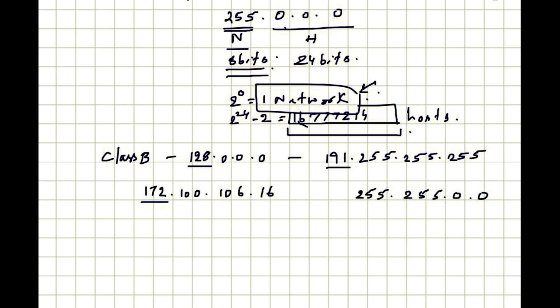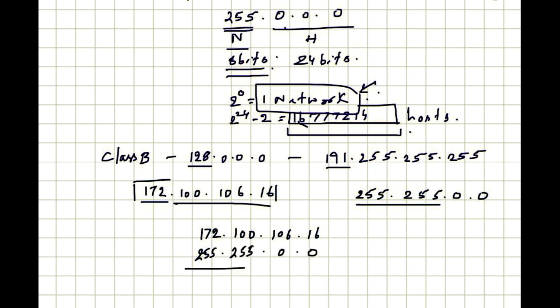Now let us see how many networks are possible with this default subnet mask. If you do subnet masking, you will get the network ID 172.100.0.0.